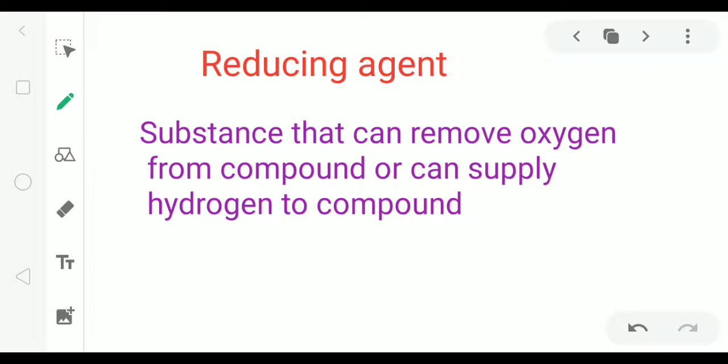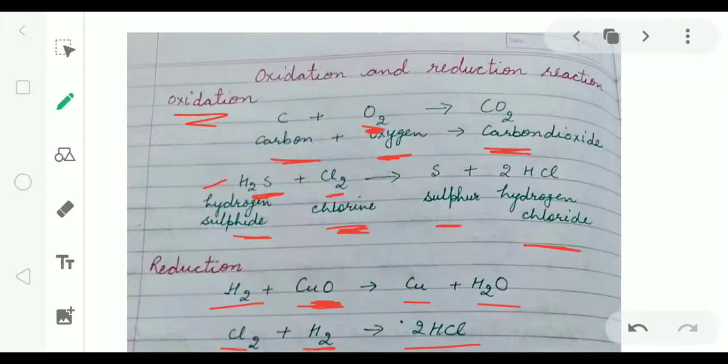Reducing agent, substances that can remove oxygen from compound or can supply hydrogen to the compound are called reducing agents. In this reduction reaction, in first example, hydrogen is reducing agent because it removes oxygen from copper oxide.